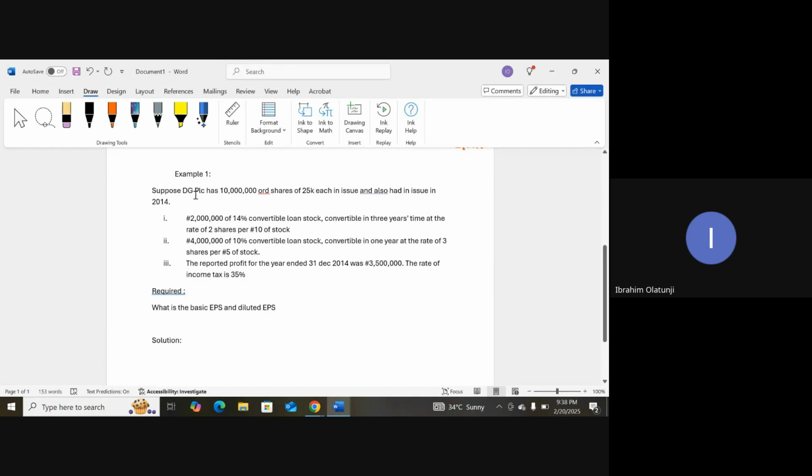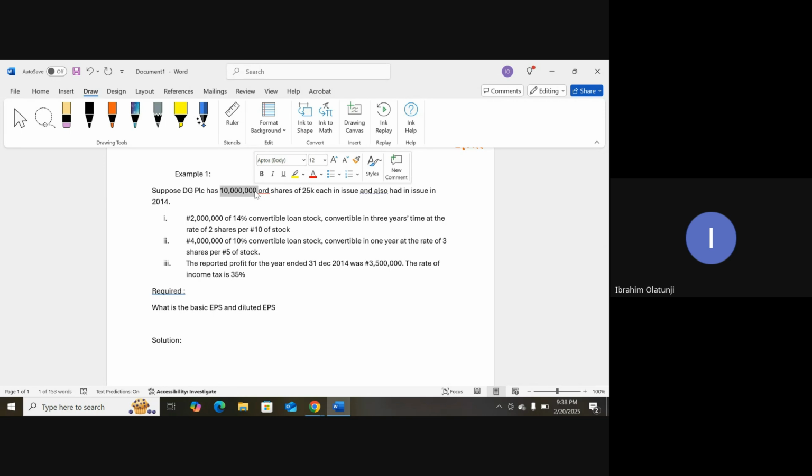Suppose DG PLC has 10 million ordinary shares of 25 kobo in issue, and in 2014 there is a convertible loan stock, but the ordinary shares were given to be 10 million shares.